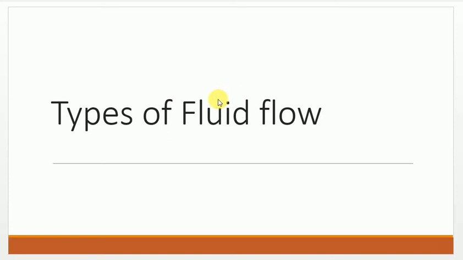Hi guys. In this lecture, we'll be discussing the different types of fluids. As we've already discussed about flow characteristics, we have two different methods in which a fluid flow can be stated: the Lagrangian and the Euler method. Lagrangian is studying a single particle that moves throughout the flow.